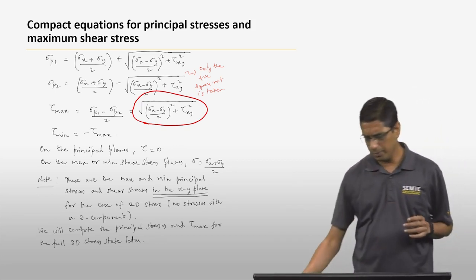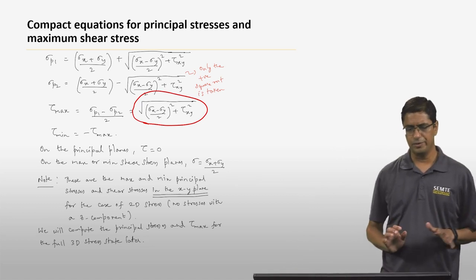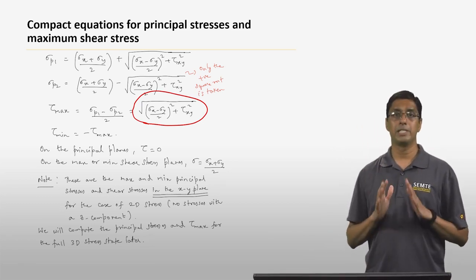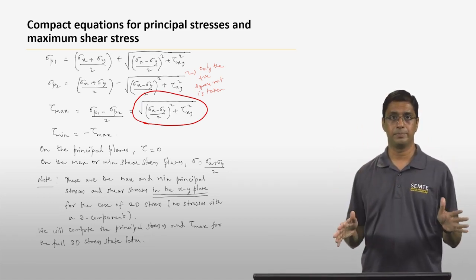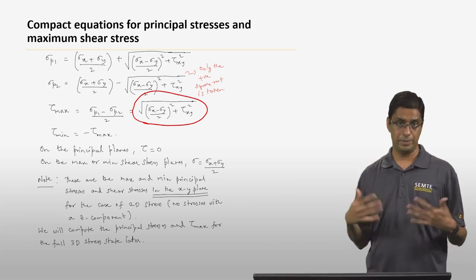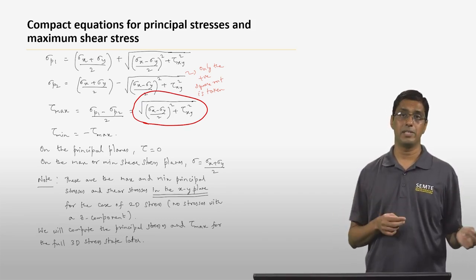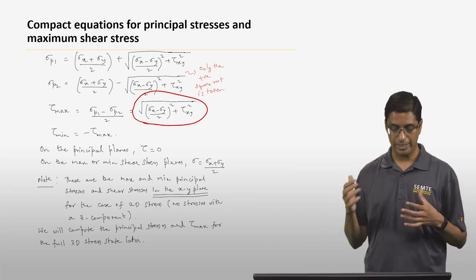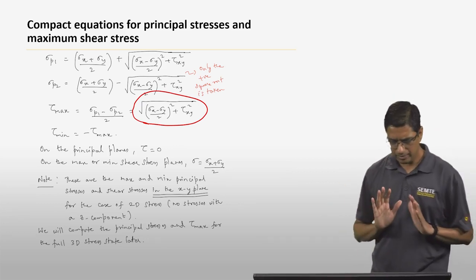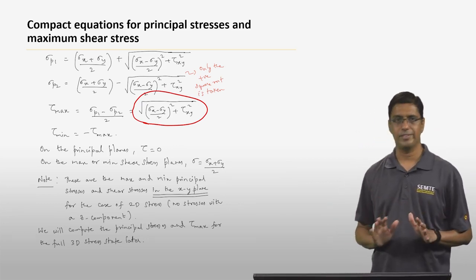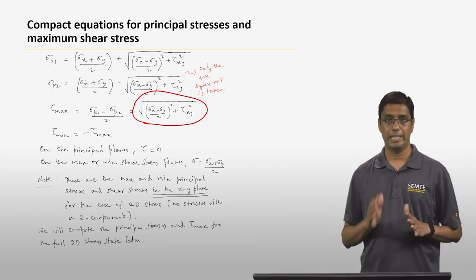Okay, so again, to reinforce a few things, when you look at principal planes, the shear stress is 0. On the maximum or the minimum shear stress planes, the normal stress is sigma x plus sigma y divided by 2.